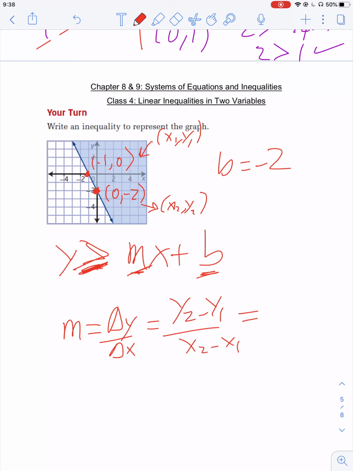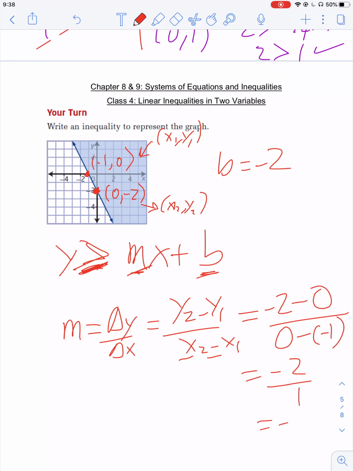So my y2 value is -2 and my y1 value is 0, so -2 minus 0. Now my x2 is 0 and my x1 is -1, so x2 minus x1, and let's put -1 in brackets. When you do this, you get -2 on top because -2 minus 0 is just -2, and 0 minus -1 is 0 plus 1, which is just 1.